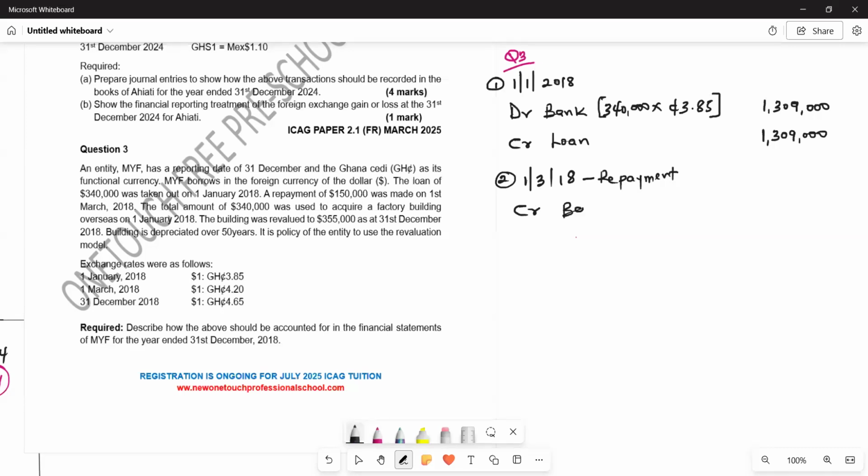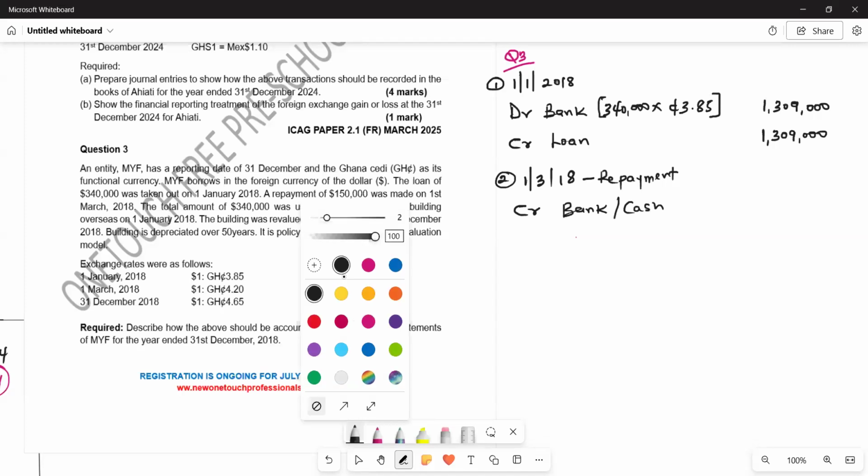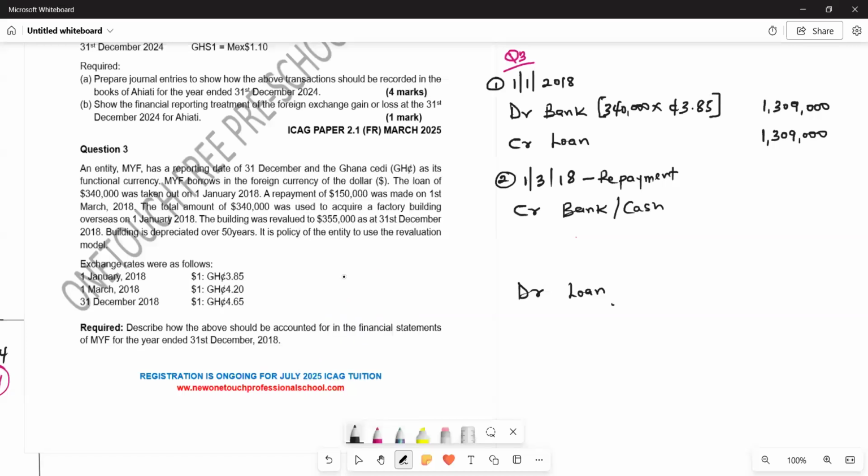Cash, your bank. So which account are you supposed to debit? The loan account. We paid how much? 150,000. You can say 150,000 over 340,000 times 1,309,000 is the same.